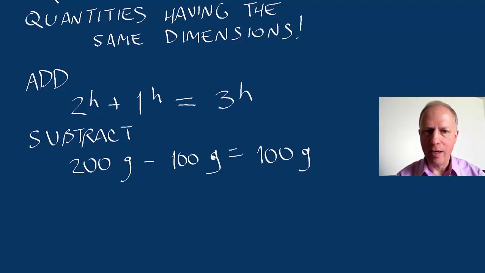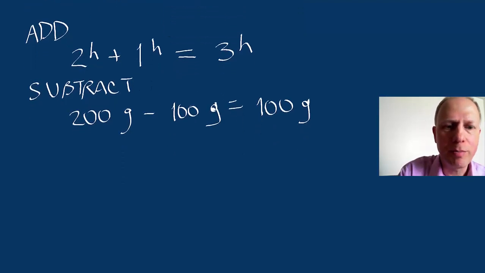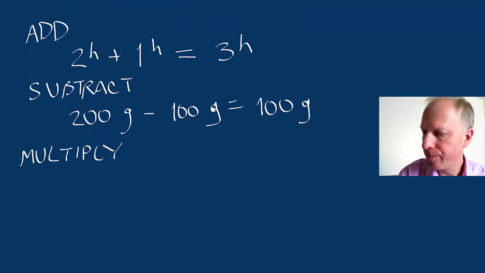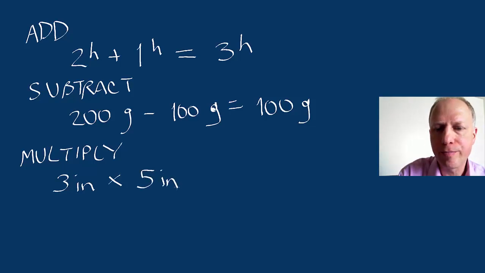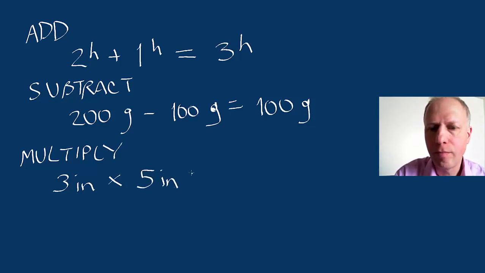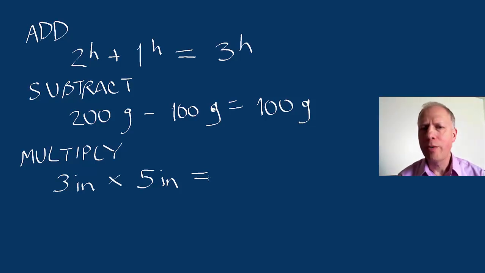Adding and subtracting are like that, but multiplying is different. If I take 3 inches times 5 inches, why would we do that? Why would you ever want to take 3 inches times 5 inches?